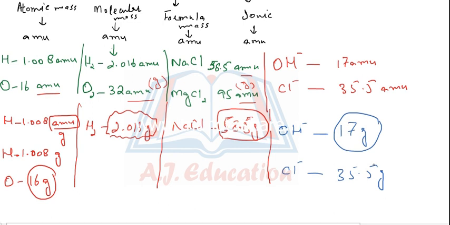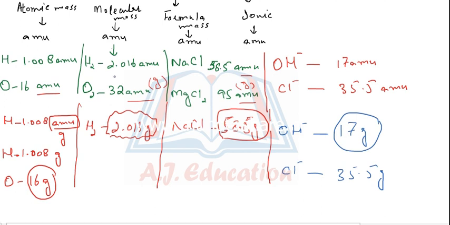So what we just concluded is that if we replace the atomic mass, molecular mass, formula mass, ionic mass units with grams, we will have the molar mass of that substance. That is, 1.008 AMU is the mass of one hydrogen atom. If we have 1.008 grams, then it is the molar mass of hydrogen atom.